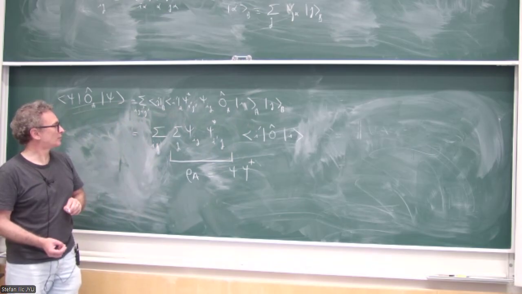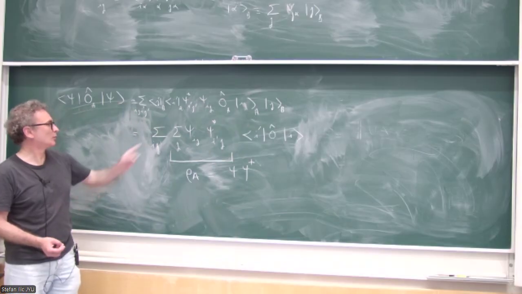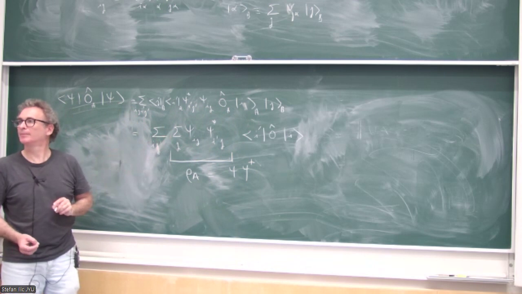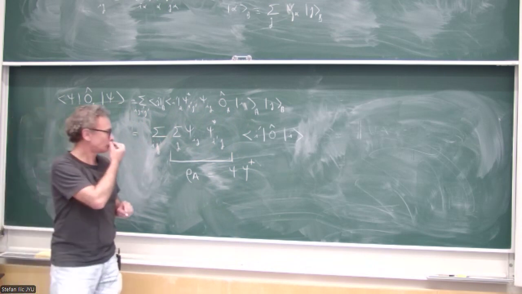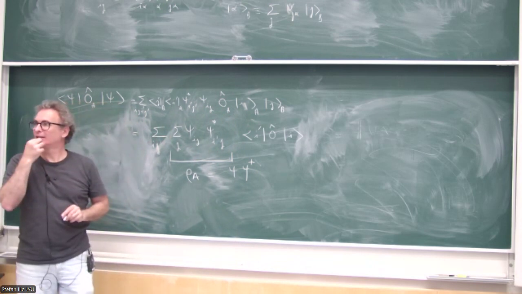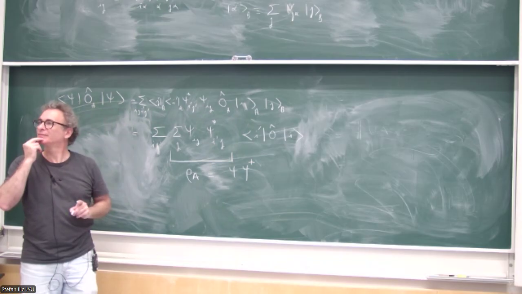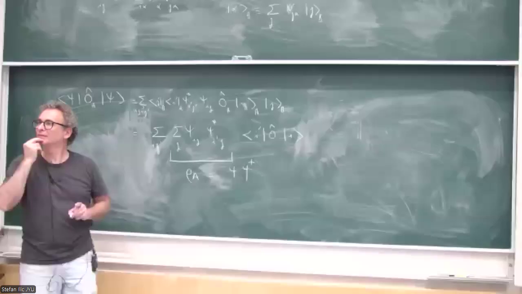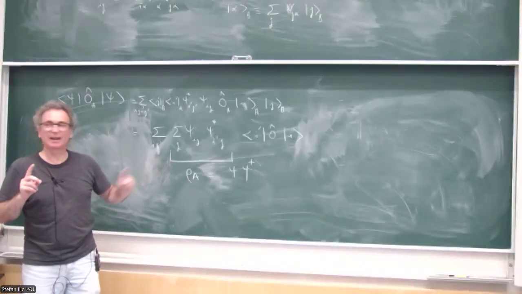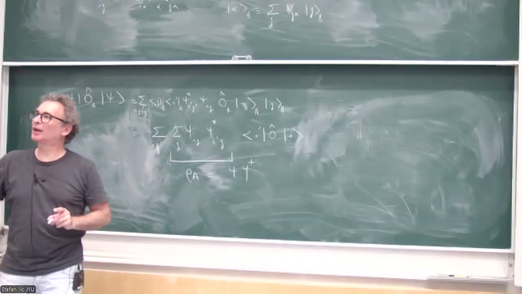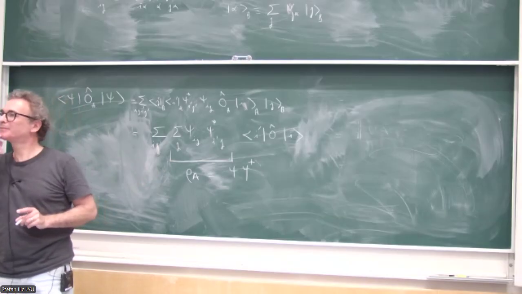And psi dagger psi is going to be rho B, the density matrix for B. Because psi are matrices, so psi psi dagger is rho A, and psi dagger psi is rho B.